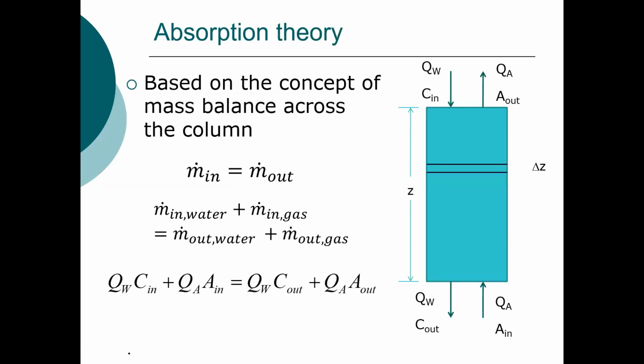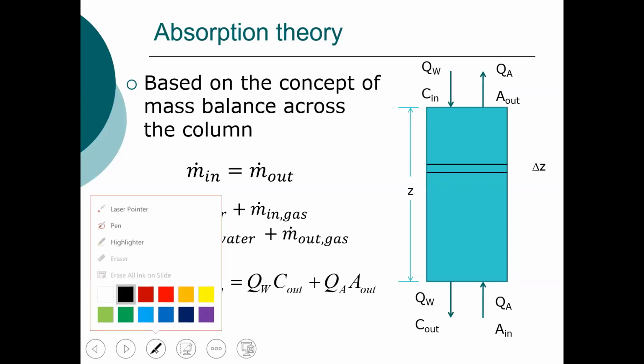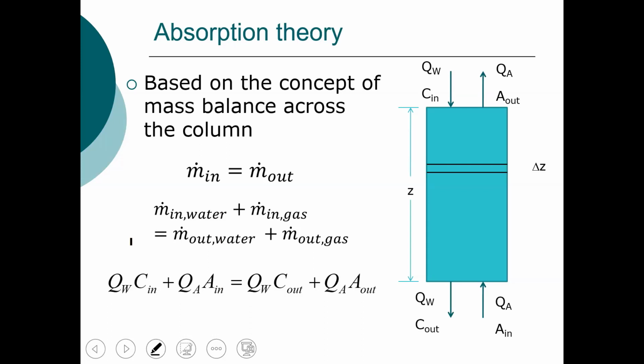The approach that we're taking is based on mass balance. So the way that I've written it here, work through this, is we have, typically this is run in countercurrent flow.